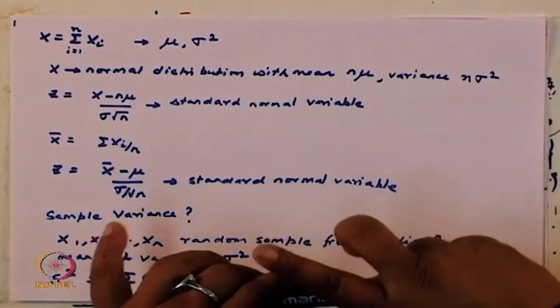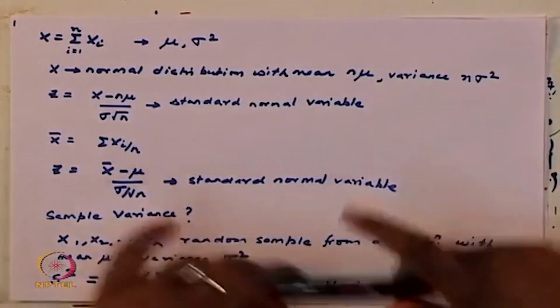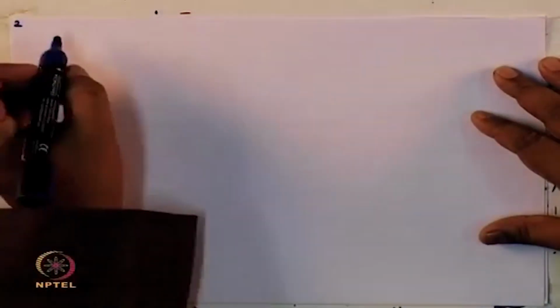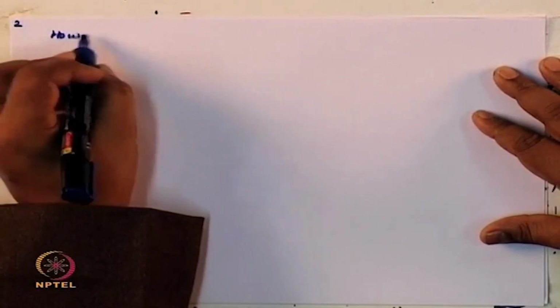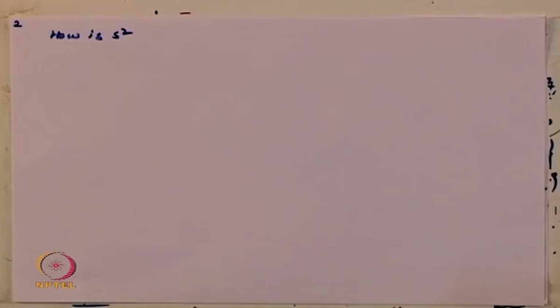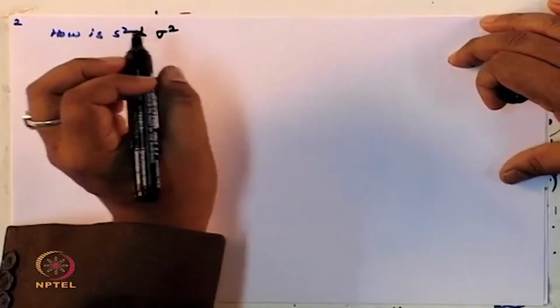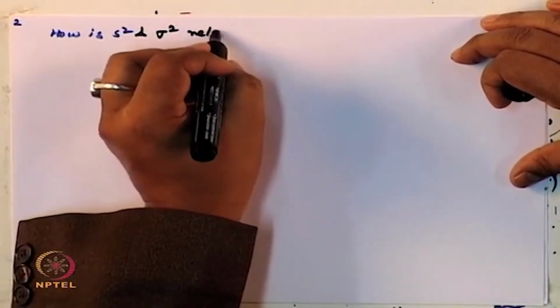How can I say anything about the link between the sample variance and the population level variance? Essentially the question is, how are S square and sigma square, which is the population variance, related?